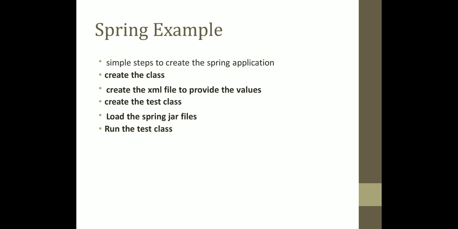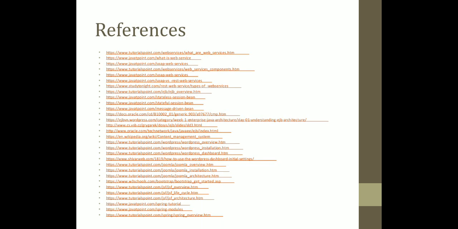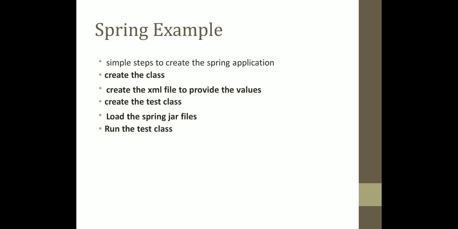Then in the examples we have seen how to create the class. A simple application can be done by creating a simple project. For creating the class, the steps we have seen for a JSF application, the same steps you need to carry out.